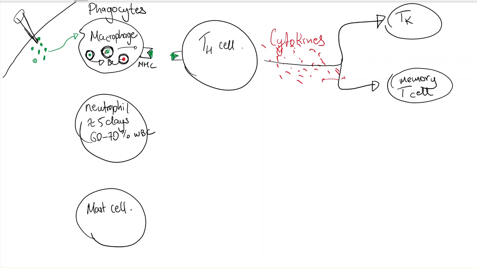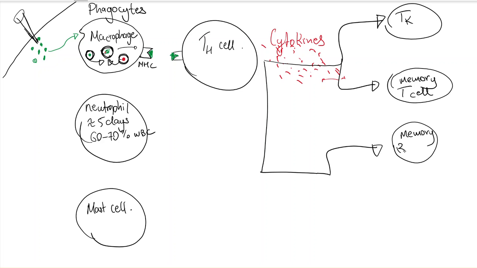Okay. The T cells also activate our B cells. So we've got B memory or memory B cells, and they differentiate also into your plasma cells.